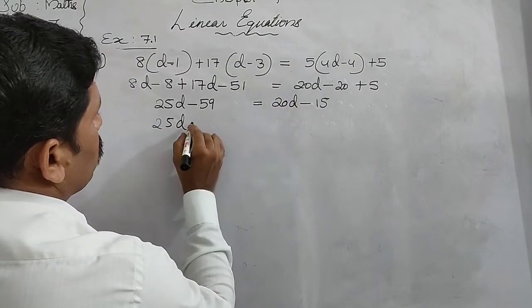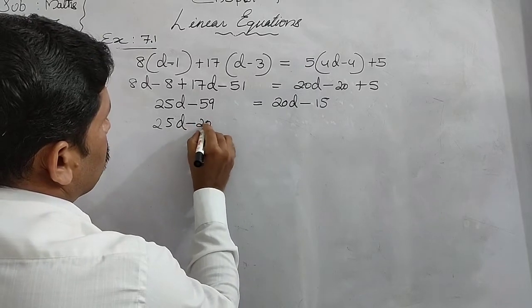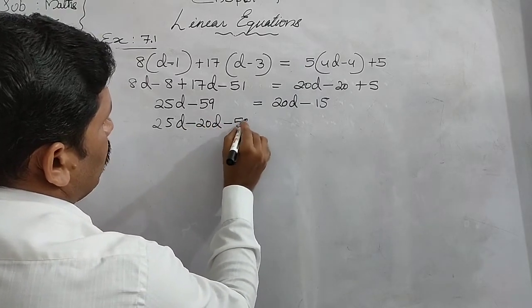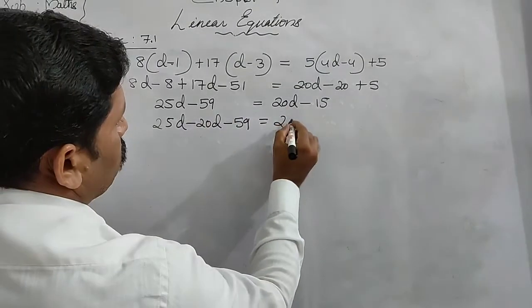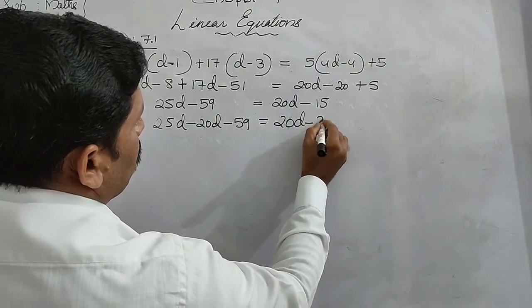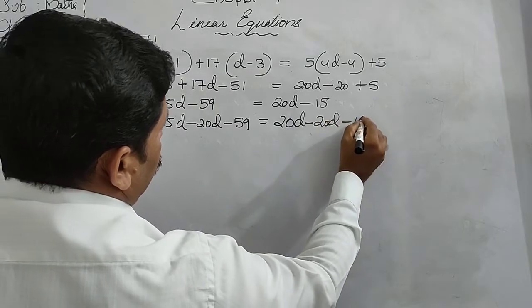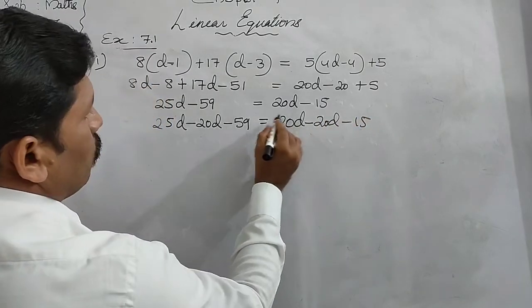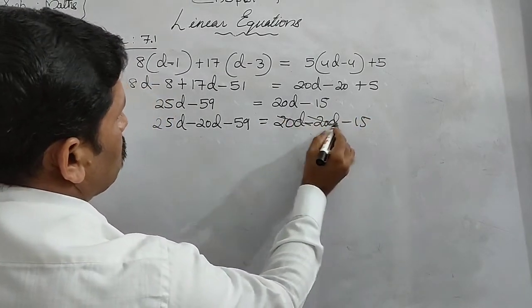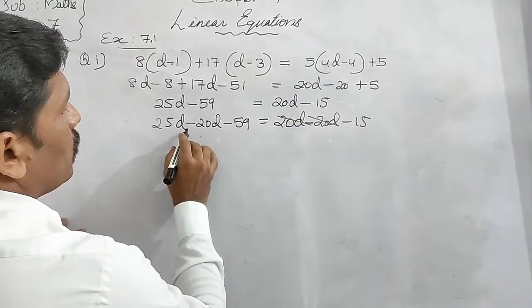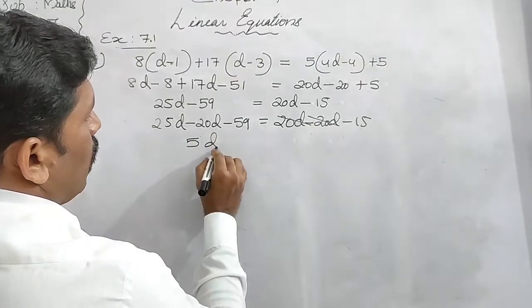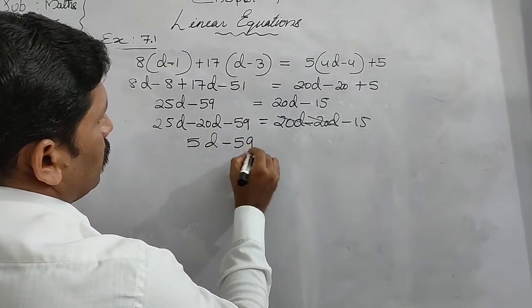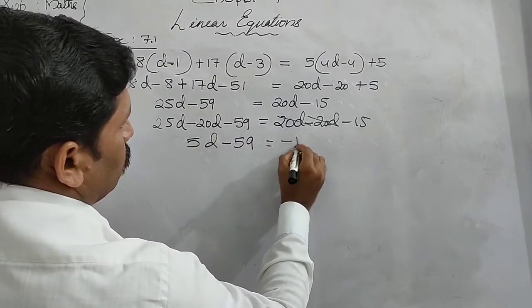Here subtraction, then here also 20d subtraction, minus 59 we write as it is. 20d, here we are going to subtract, that's why I have subtracted here: 20d minus 20d, then minus 15. So students, here 20d and 20d cancelled, and here you can see that 25d minus 20d is equal to 5d. 5d minus 59 is equal to, here what is remaining, negative 15.